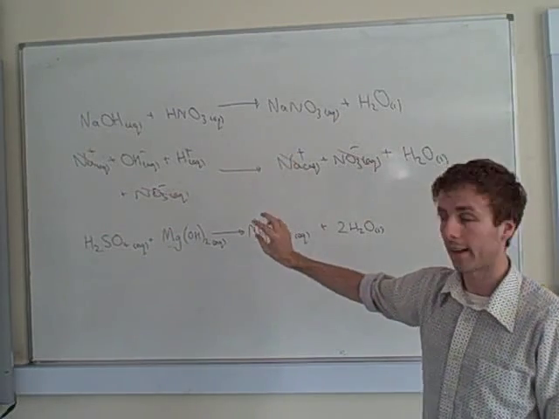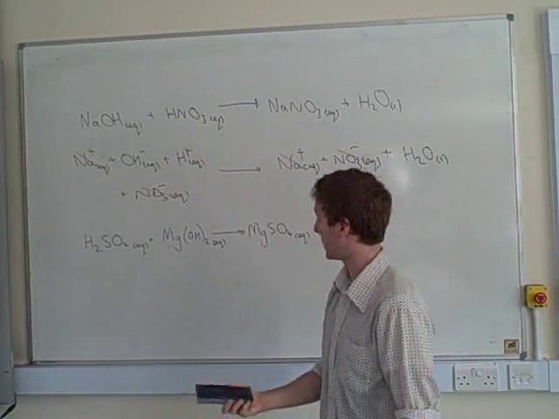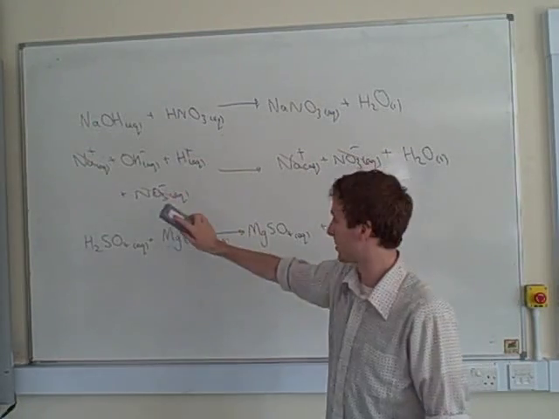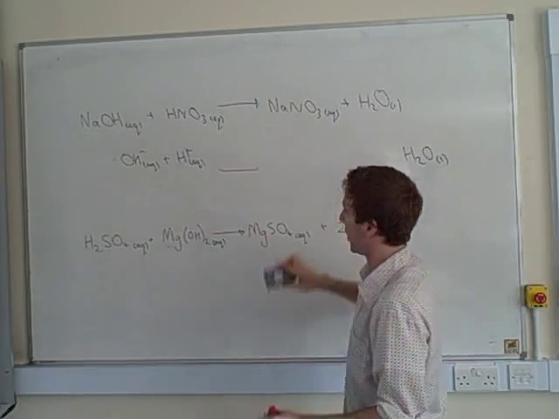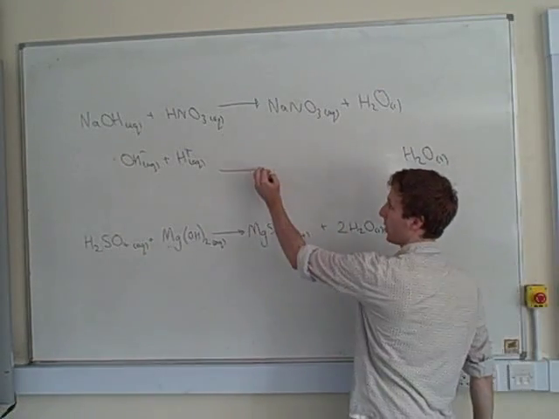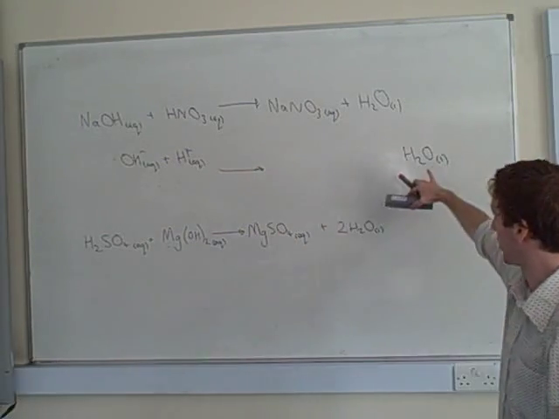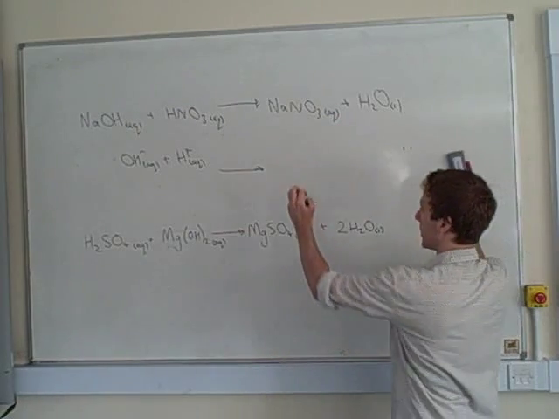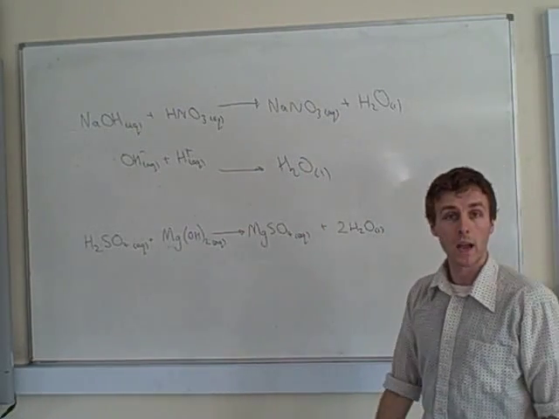I rewrite it without my cancelled out things. To save a bit of time and space, I'm just going to rub out the things I've cancelled out. That will leave me with my final ionic equation: OH- plus H+ goes to H2O. And that's my ionic equation.